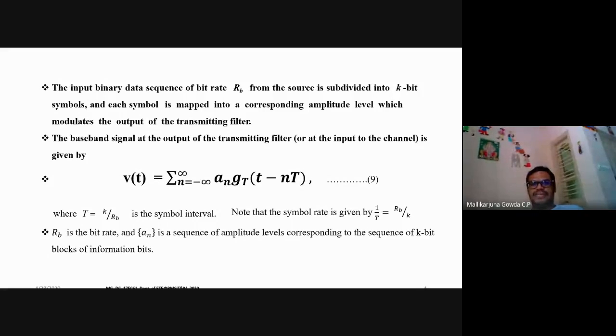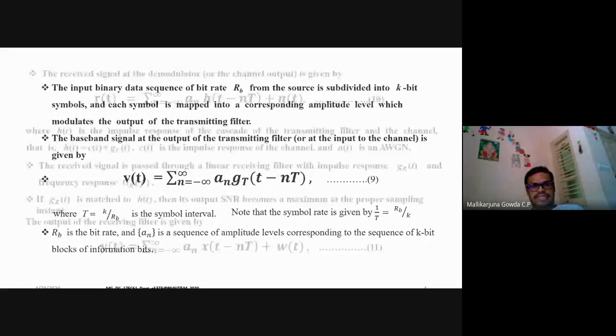It will be multiplied and we will get the summation, where the value of n varies from minus infinity to plus infinity. So a series of pulses will be there, that will be multiplied with the impulse response of the transmitting filter. So that is the output of the transmitting filter, v(t).